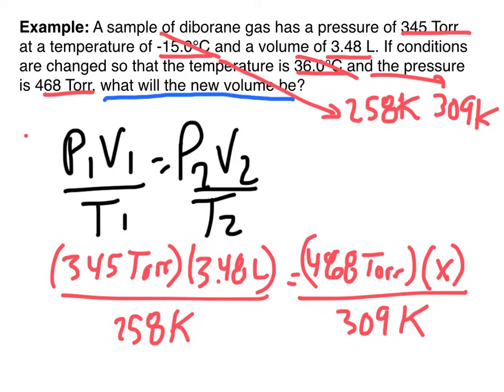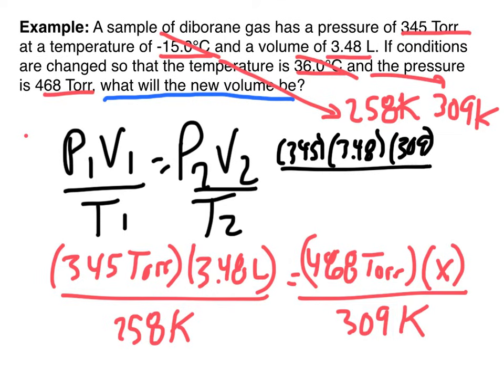So let's see if I can actually solve for X. I don't really have very much room here, but I'll just try to write it as quickly and easily as possible. So my setup for this should be something like this. I should have 345. Again, make sure you always keep track of your units. I'm just doing this so that it saves some space. 309, divided by 258, 468, and that would give me my X. So this is what X would equal.